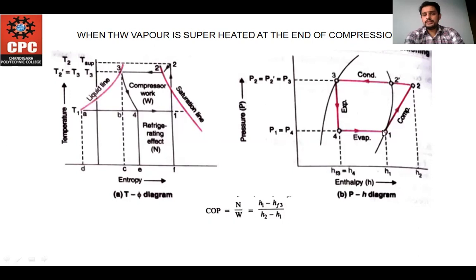So what is the effect of that? As you can see, the refrigerating effect has increased. Simultaneously, to compress the vapors up to superheated vapors, the work done has also increased.